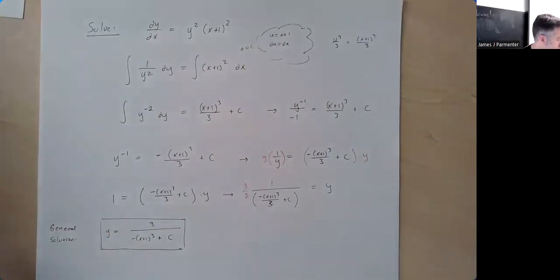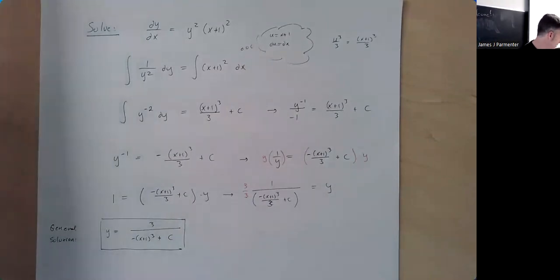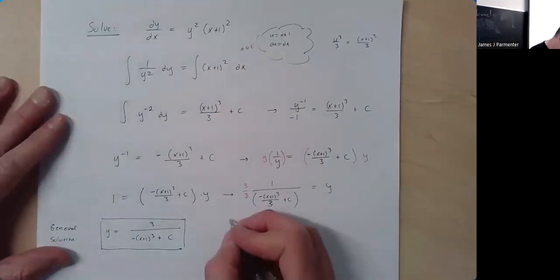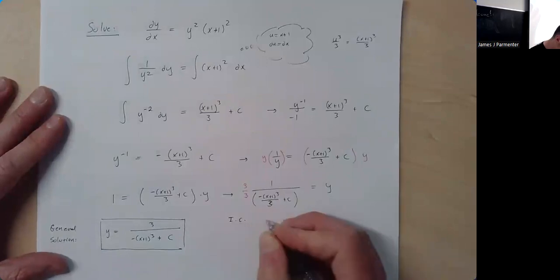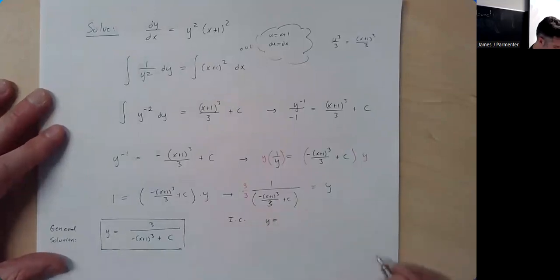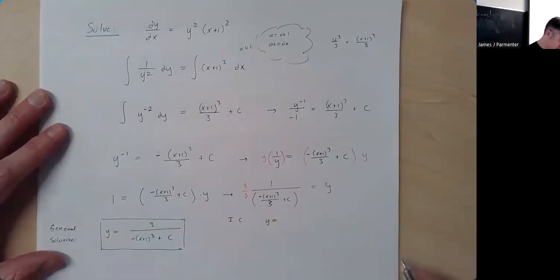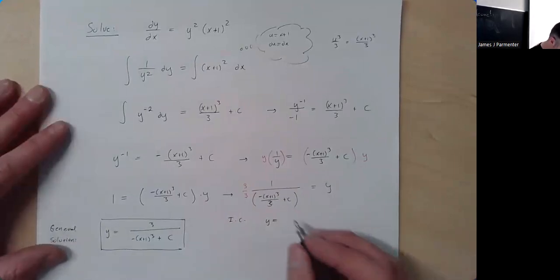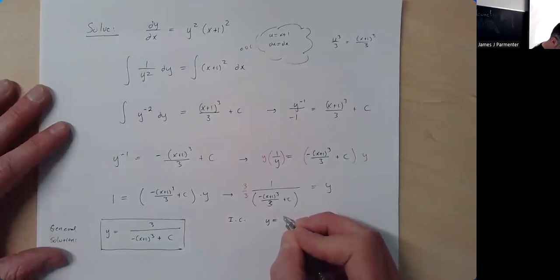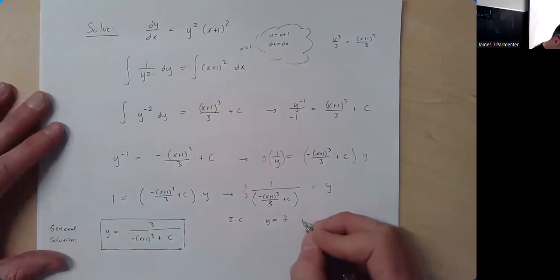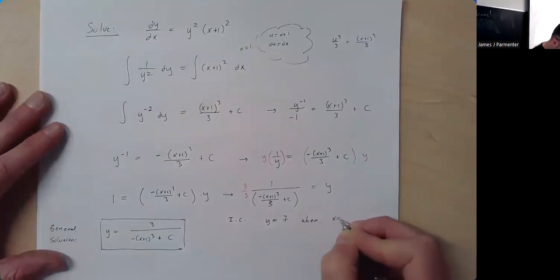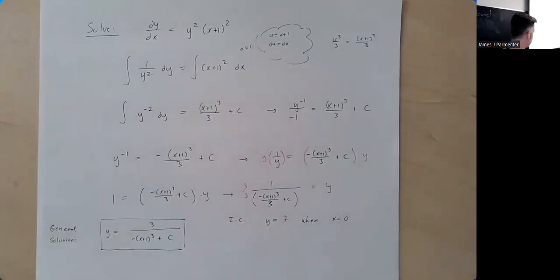Now, what if we were given some initial conditions? Let's say our initial conditions were, I'm just going to make something up and we'll hope it turns out okay, y equal to 7 when x equals 0. That's going to be awful, I can tell already, so let's try not to make it too terrible.